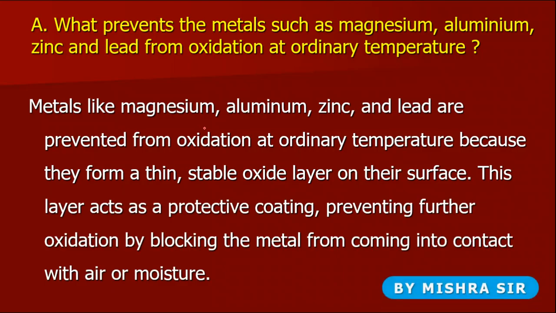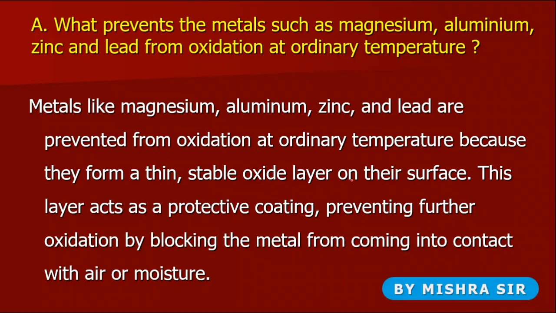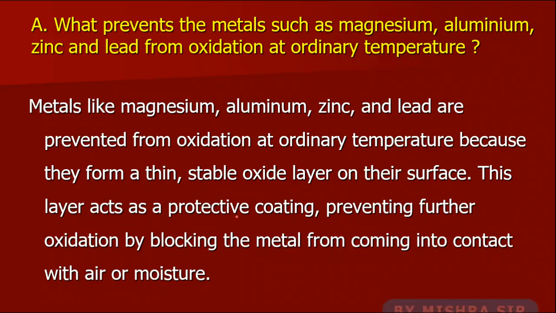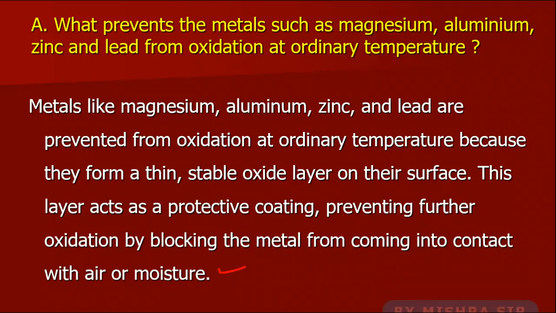Metals like magnesium, aluminum, zinc and lead are prevented from oxidation at ordinary temperature because they form a thin stable oxide layer on their surface. This layer acts as a protective coating, preventing further oxidation by blocking the metal from coming into contact with air or moisture. Right? Next question on your screen.